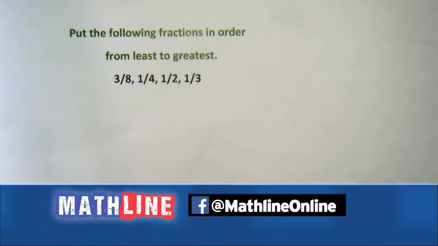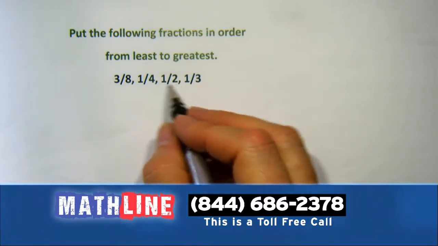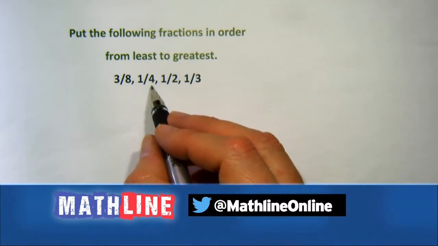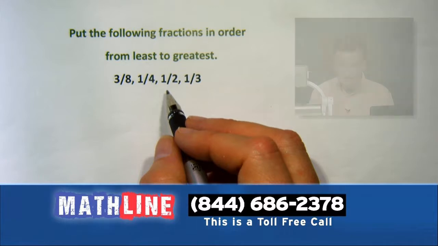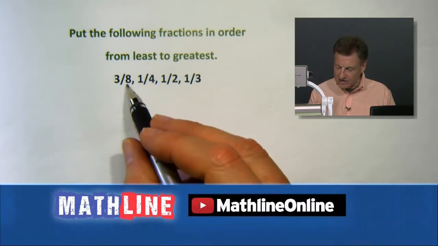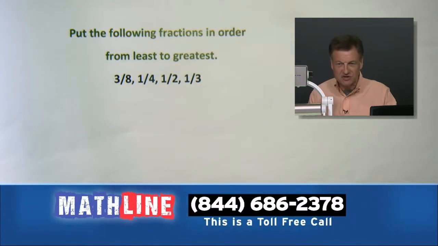It would be nice if we could get this all in terms of the same denominator. Now I think of 1/2 being in the middle. But I'm also noticing that 1/4 is less than 1/2, right between 0 and 1/2. 1/3 is less than 1/2. And 3/8 isn't quite at 1/2. So all of these are smaller than 1/2, and I already know the greatest is going to be 1/2.